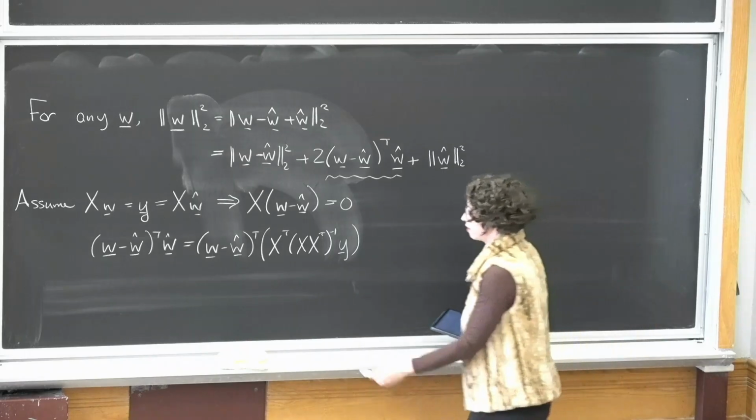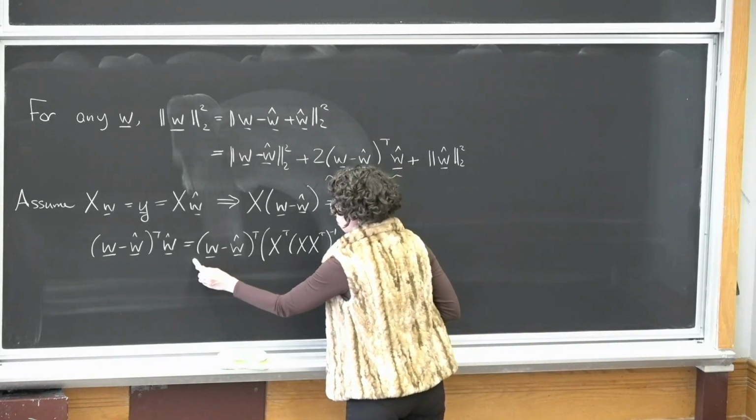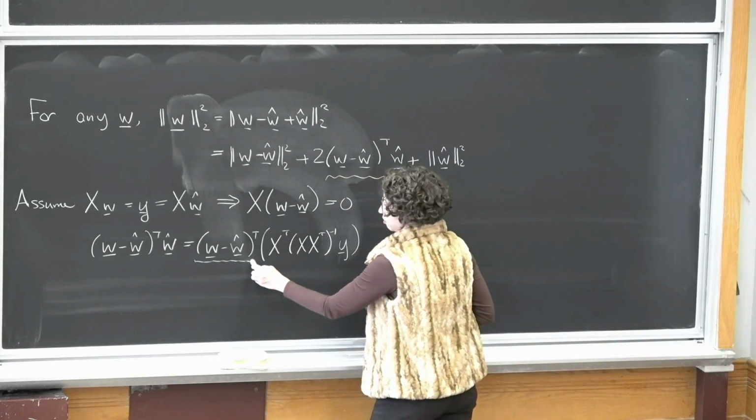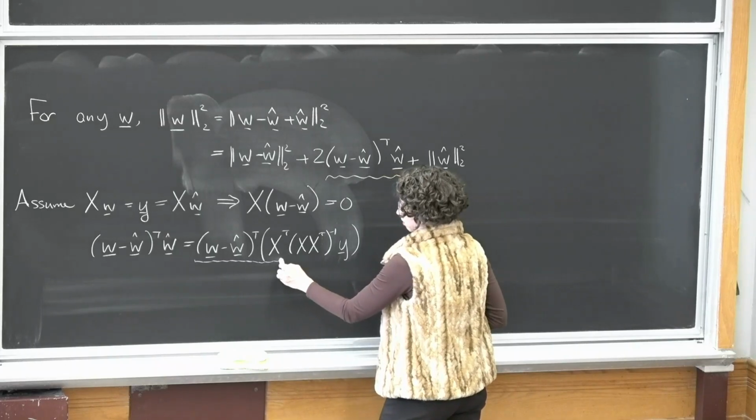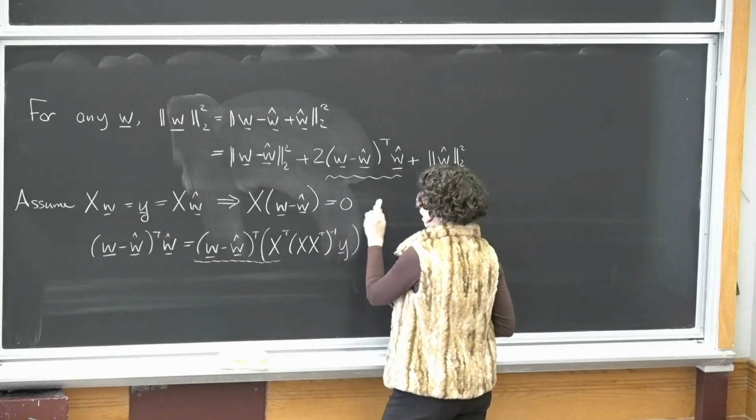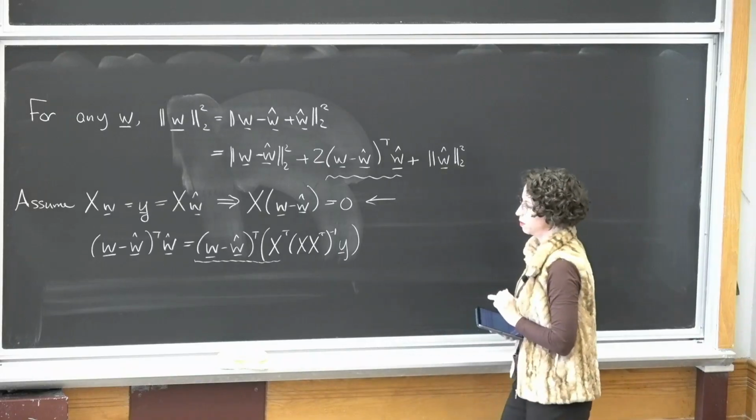But if I group this w minus w hat transpose with the x transpose, I know that has to be equal to 0 because that's what I have up above.